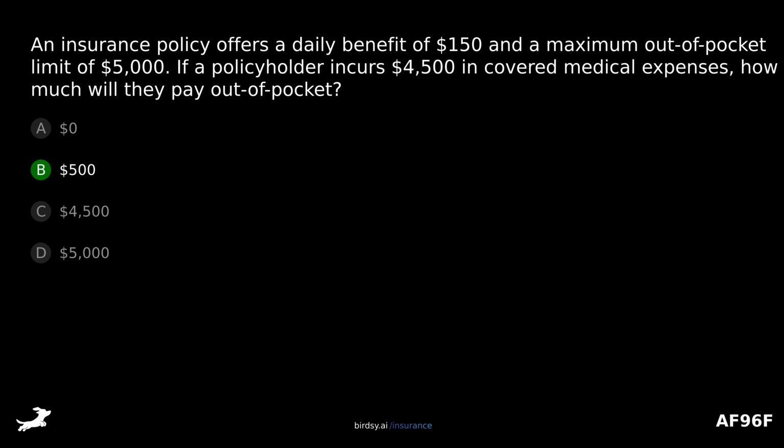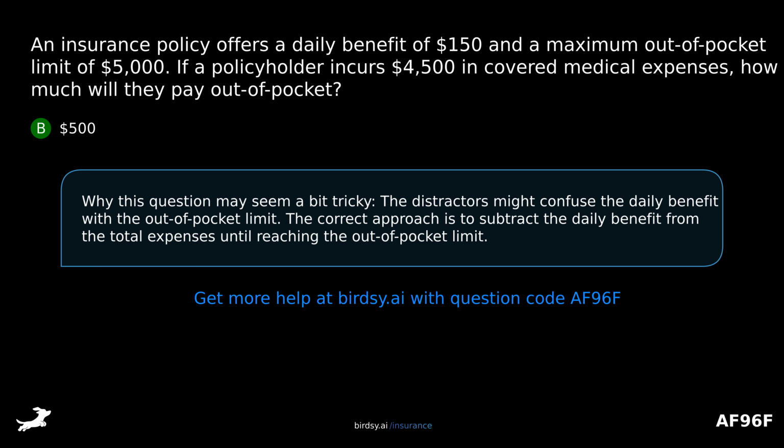The answer is B, $500. Why this question may seem a bit tricky. The distractors might confuse the daily benefit with the out-of-pocket limit. The correct approach is to subtract the daily benefit from the total expenses until reaching the out-of-pocket limit.